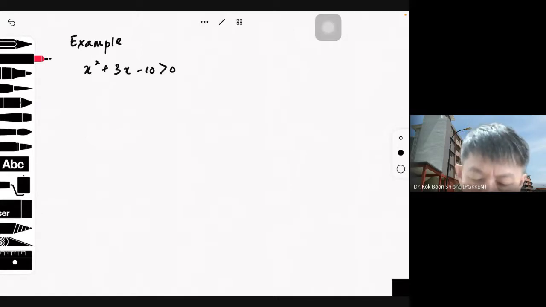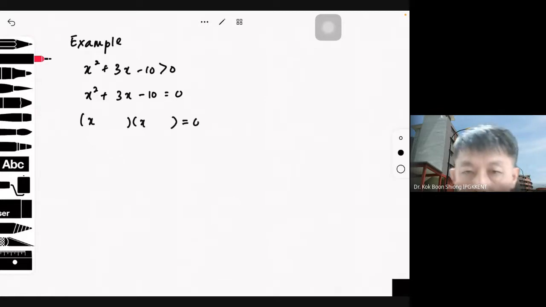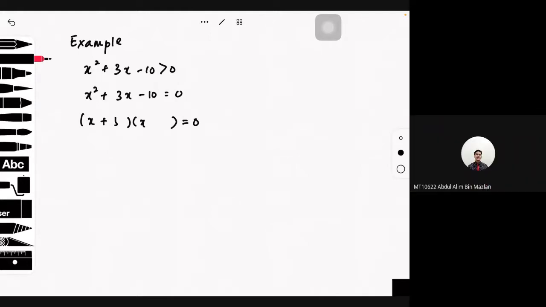First step, we make it equal to 0. Then we look for the factors. What are the factors here? Plus 5 and minus 2.